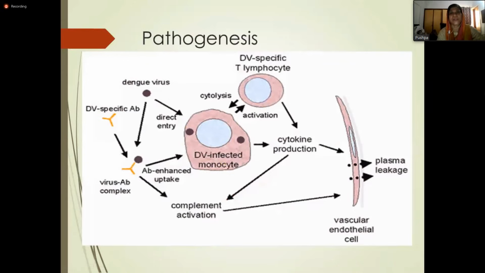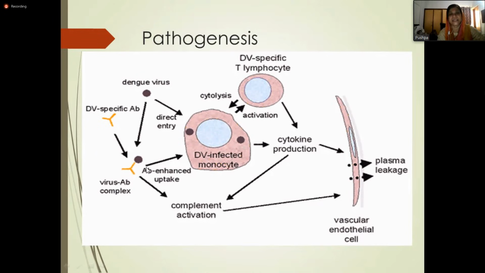So just to simplify it, once the dengue virus gets entry into the macrophage, they activate T cells and B cells, and there is formation of antibody. There are antibody complexes.